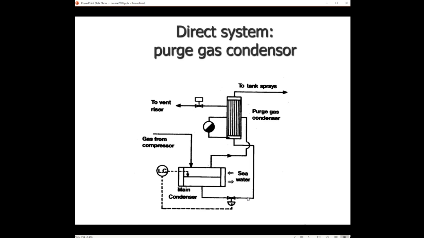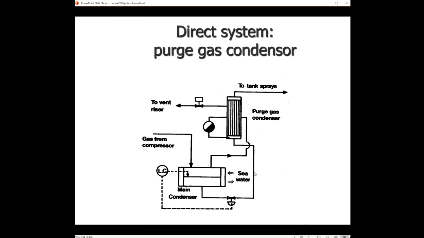What you can do then is release the pressure to the atmosphere, but of course with the risk of sending cargo to the atmosphere as well. That is the reason why we use a purge gas condenser.